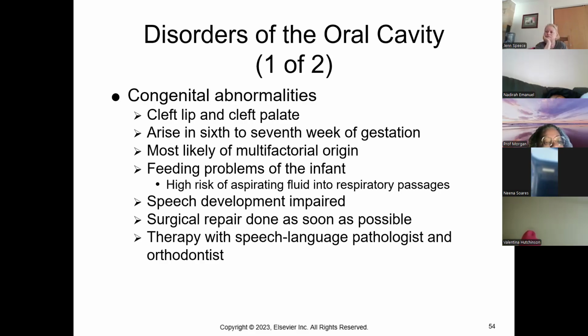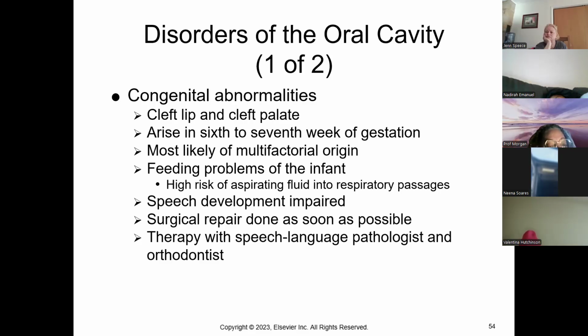It can include the hard palate, which is the bony front portion of the top of the mouth, or the soft palate, which is that soft area towards the back of the top of your mouth. These babies cannot eat properly because they don't have enough force to suck, or because they aspirate fluid through that hole and it goes into the respiratory system.